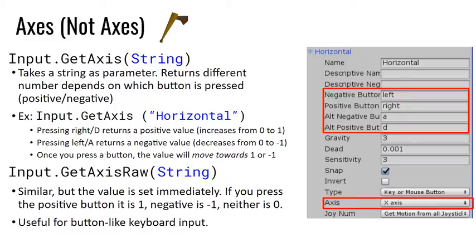Left and right are the names of the left and right directional buttons on your keyboard. Unity's already mapped that for you, because this way they have another layer interpreting the controller input versus keyboard input. You don't have to set this up yourself.